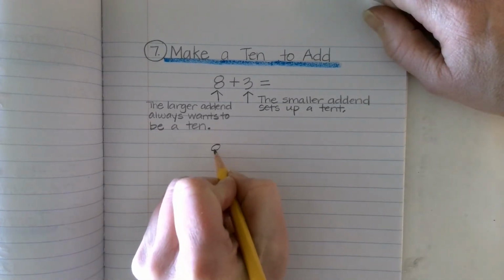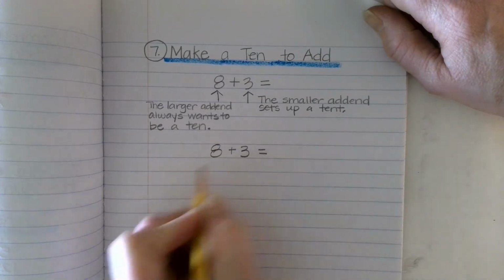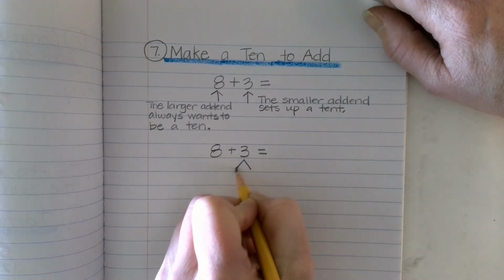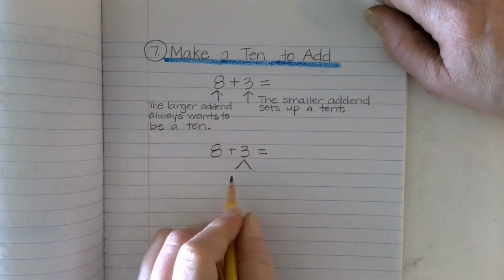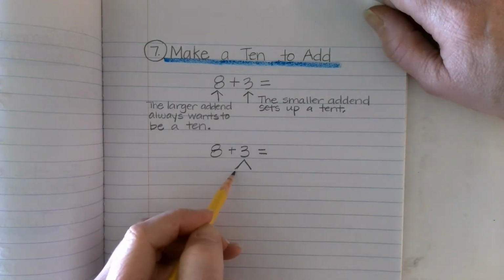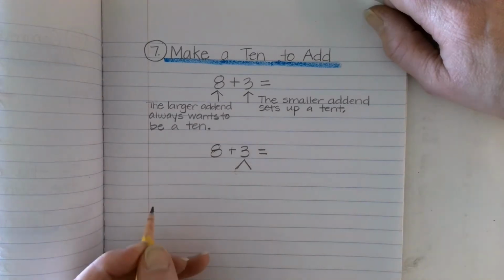So I'm going to write our addition fact again, okay? And we're going to set up the tent under 3. And he's going to break apart in his tent. But notice his first number here needs to line up with the 8, so it'll become a 10.